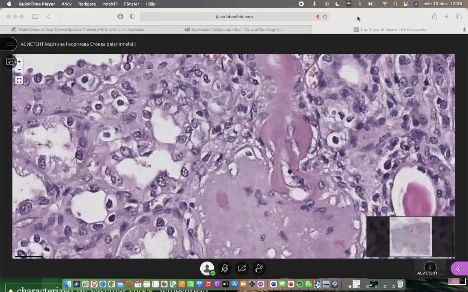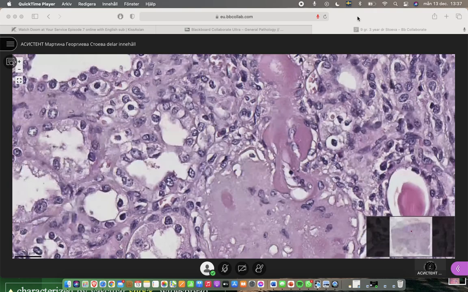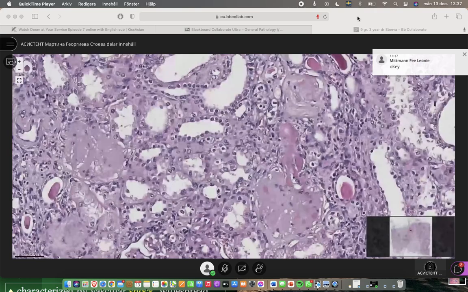It's not in the lumen. Perhaps because of the cut section, in some cases, the lumen is really compressed. That's why we can't see it. But otherwise, usually hyalinization of the arterioles does not lead to complete obstruction of the lumen.